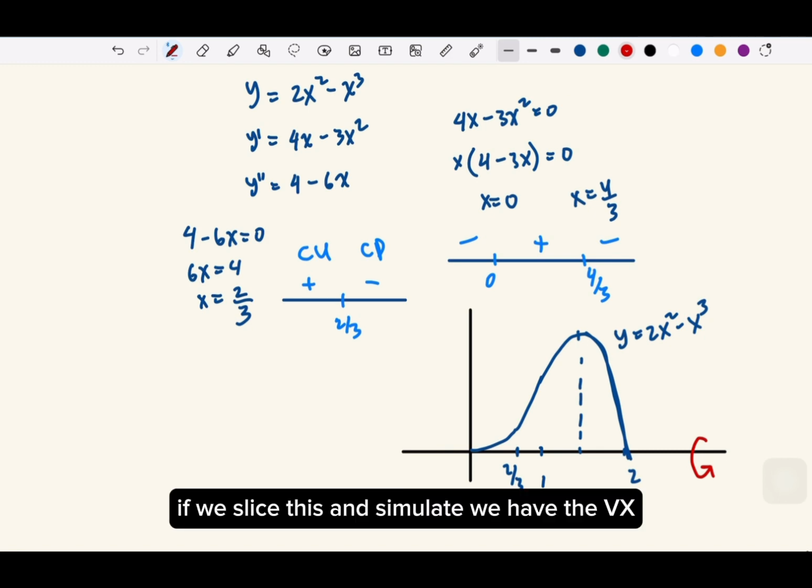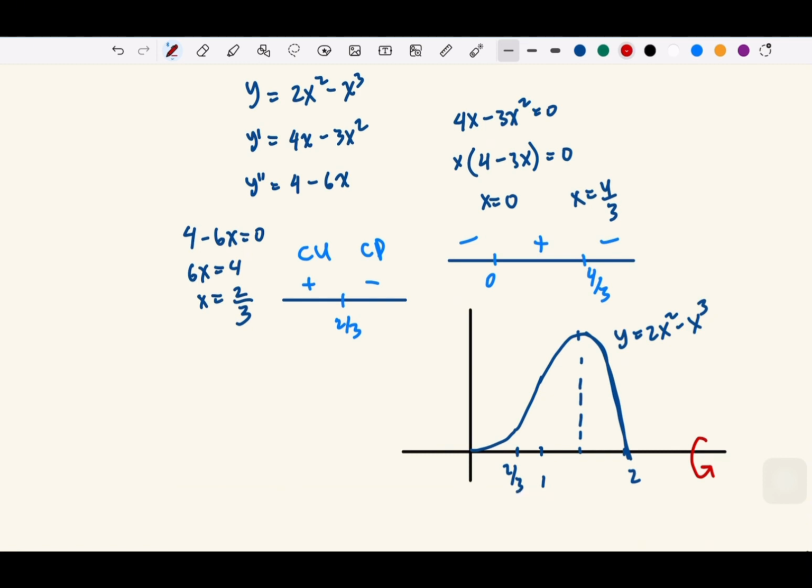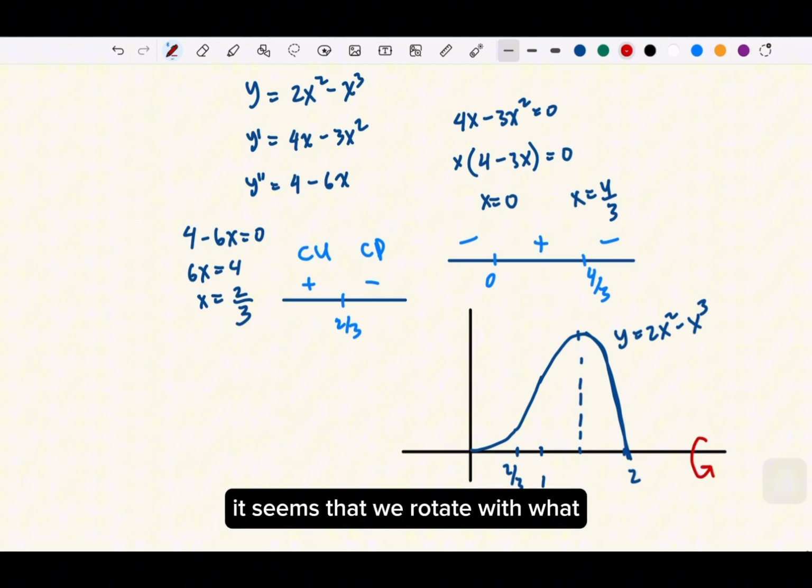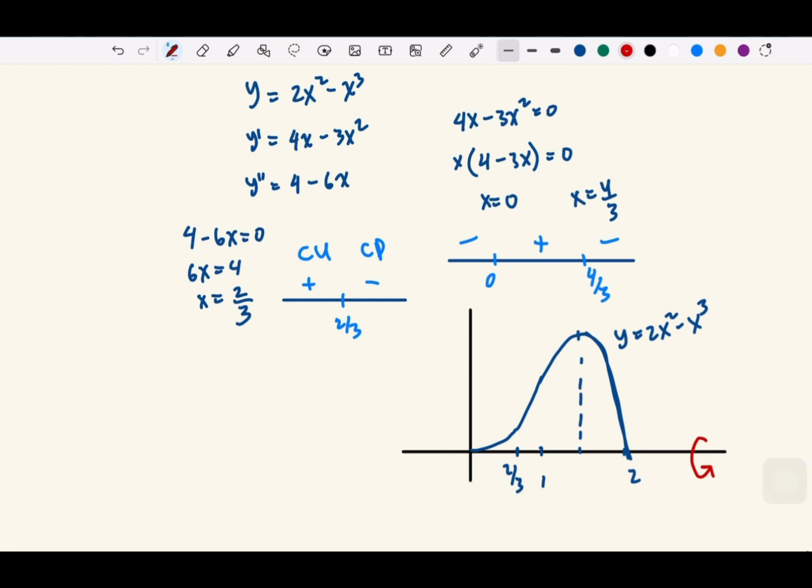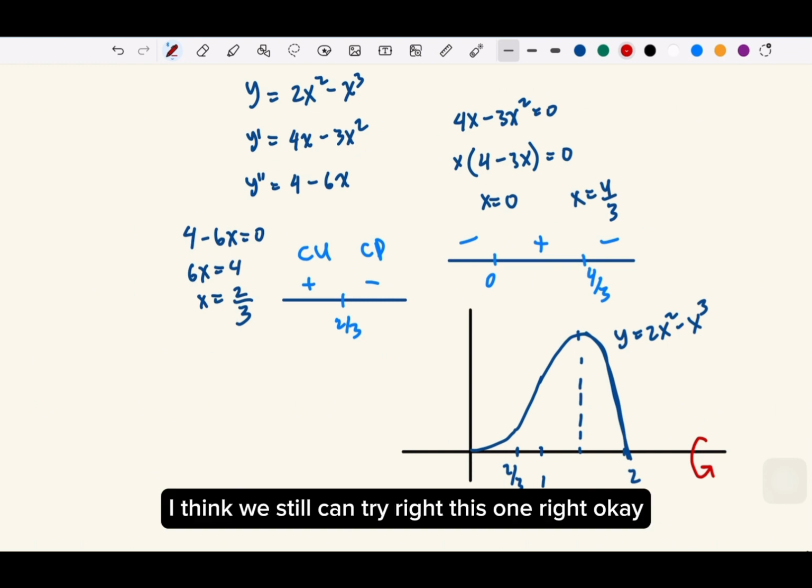If we slice this and similarly we have the dx, it seems that we rotate with what? I think we still can try, right?